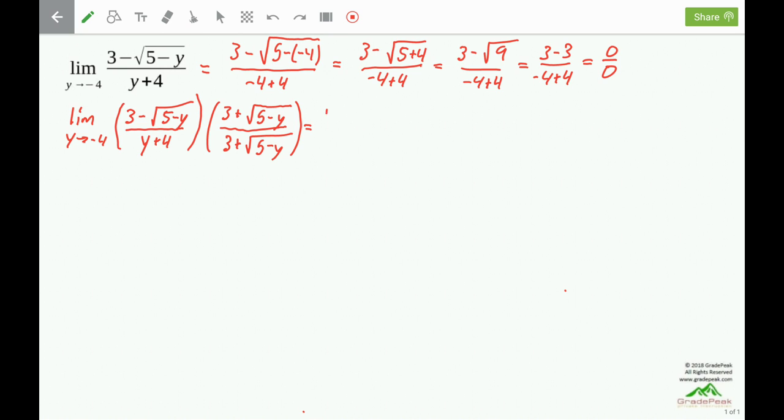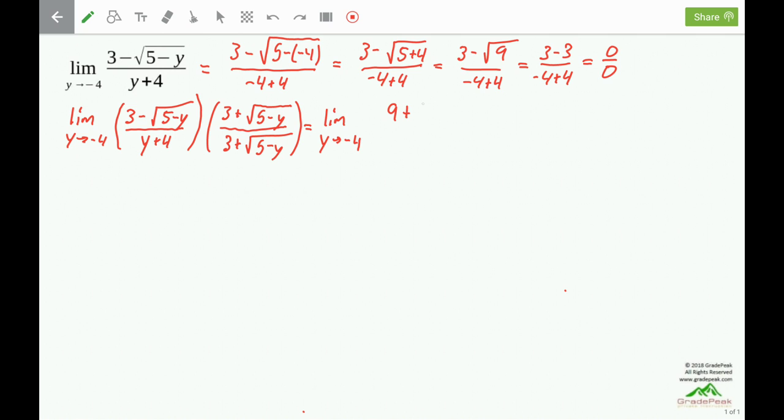Just a look of the expression here. And now we're going to FOIL out the conjugate pairs. Those are in the numerator, here and here. Only FOIL those out. First, 3 times 3, that's 9.